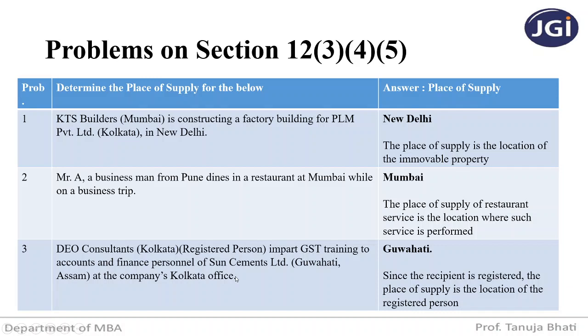Students, I told you all, if it is B2B, it is the location of the registered person, that is the recipient's location. And if it is B2C, it is the location where the services are actually performed. So DO Consultants is imparting GST training to Sun Cements Limited, Guwahati, at the company's Kolkata office. So that's the reason it is Guwahati. Place of supply is Guwahati.